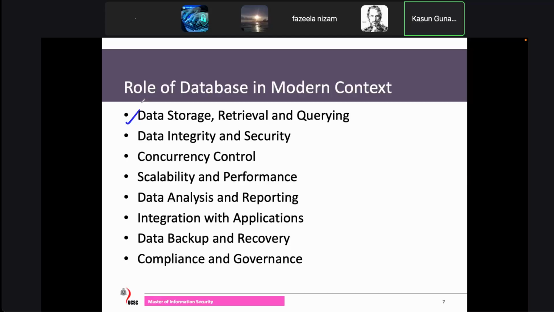So databases provide a structured and organized way to store large amounts of data. So they offer mechanisms for defining the data schemas, structures, or if it comes to relational database, tables.